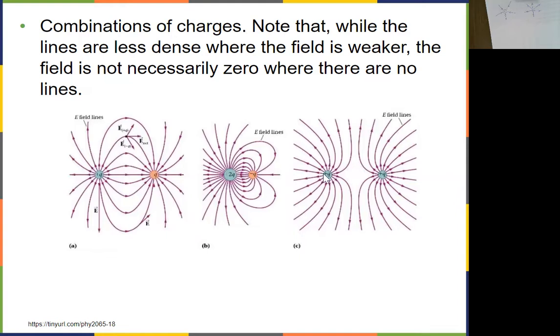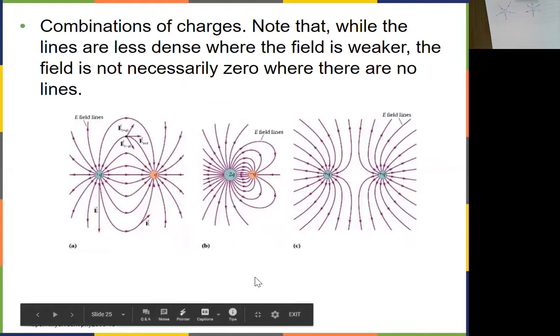If you have two positive, same charges, then you'll find that in between you have zero field. Because at the middle, the fields produced by the two charges are exactly the same in strength but opposite in direction, so that cancels out.